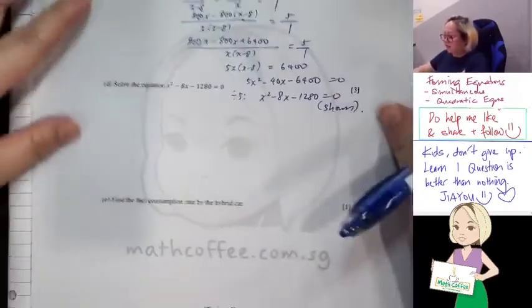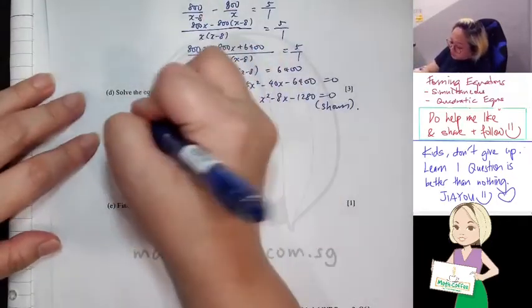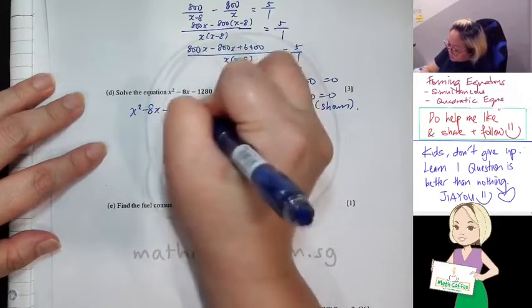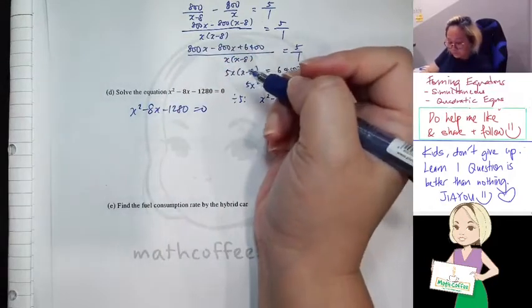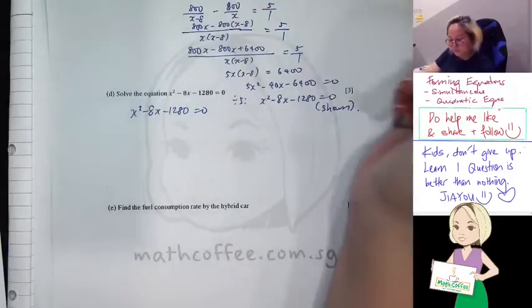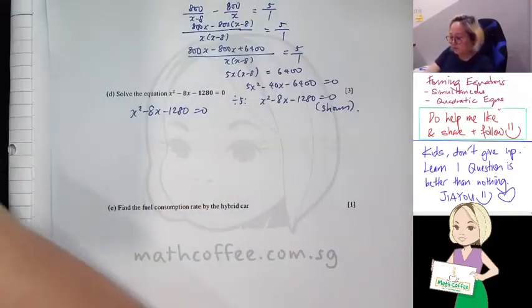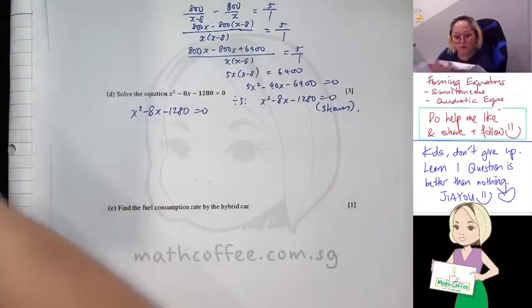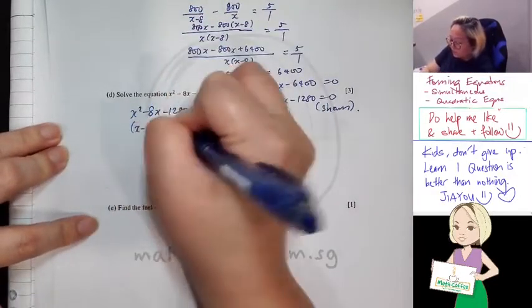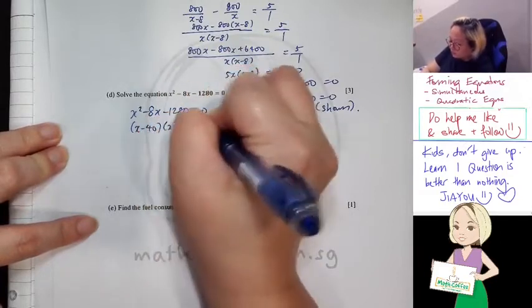Now you're supposed to solve the equation. x squared minus 8x minus 1280 equals 0. So I will have x minus 40, x plus 32 equals 0.